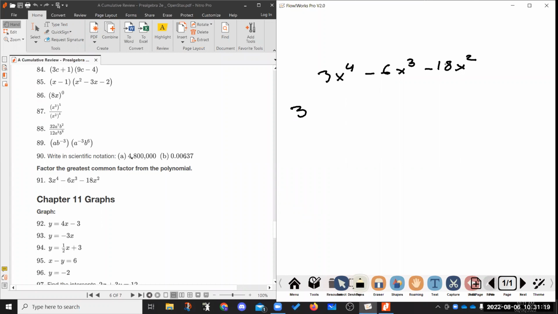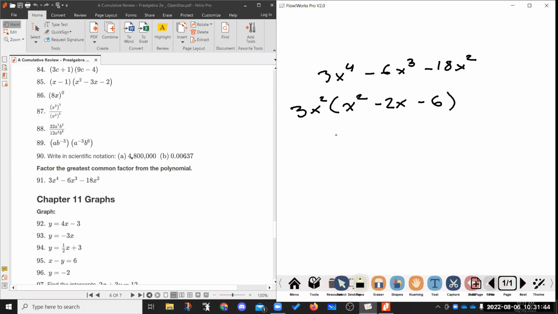The lowest power on x that I see in everything is going to be x squared. So we're going to divide 3x to the fourth by 3x squared. We're going to have x squared left. Then negative 6x to the third divided by 3x squared is going to give us a negative 2x. And negative 18x squared divided by 3x squared is going to give us a negative 6.